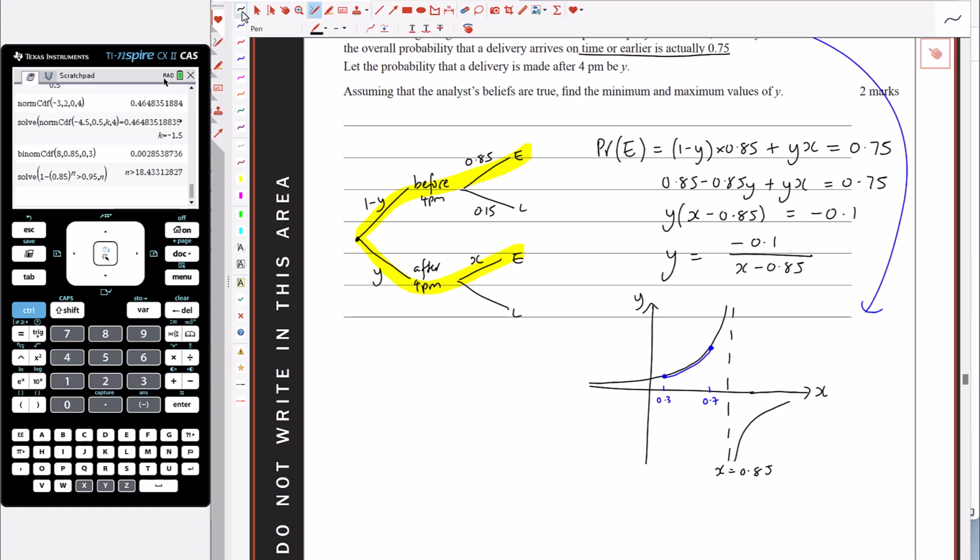So we know the minimum value of y occurs when x equals 0.3. So min y is going to be negative 0.1 over 0.3 minus 0.85.